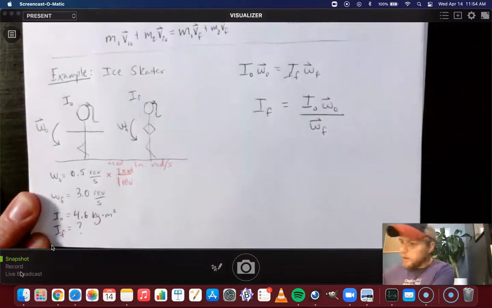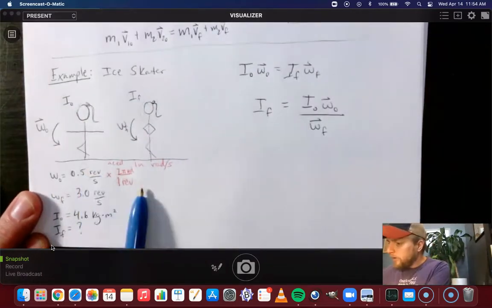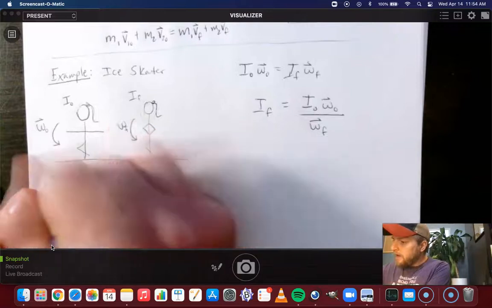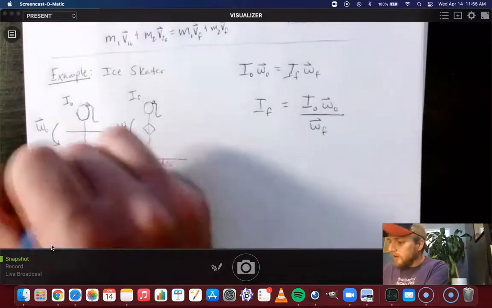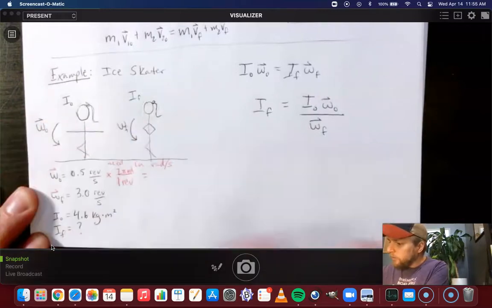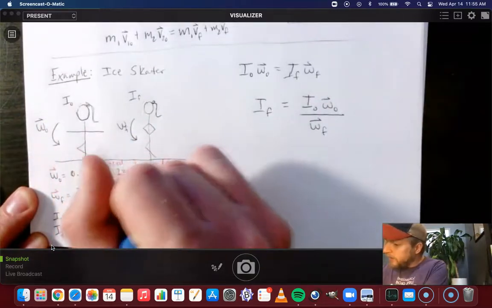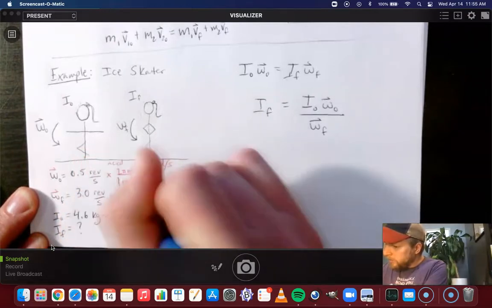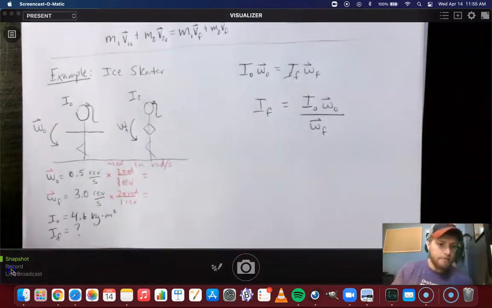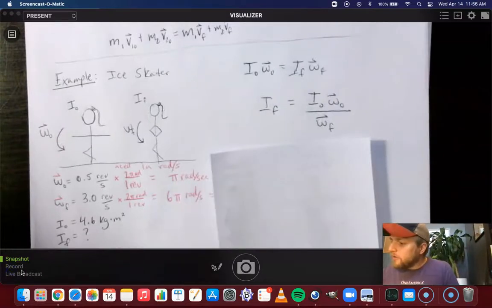I put 1 revolution on the bottom so that it will cancel with revolutions. And it's going to be the same conversion factor for the final angular velocity. So it's going to be multiply by 2 pi radians over 1 revolution. And you get pi radians per second and 6 pi radians per second respectively.